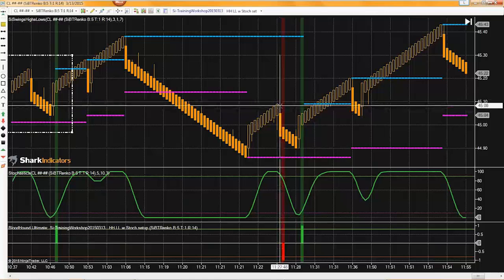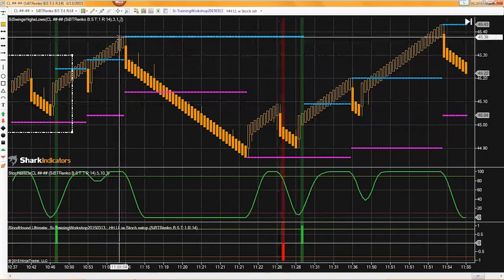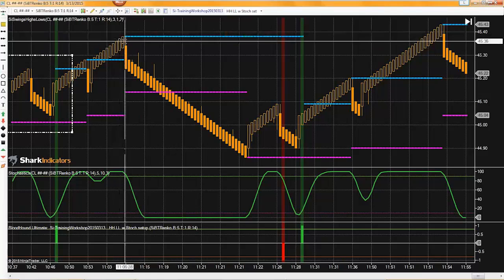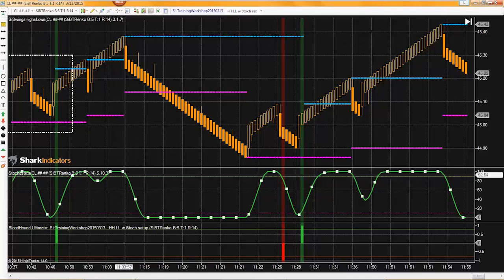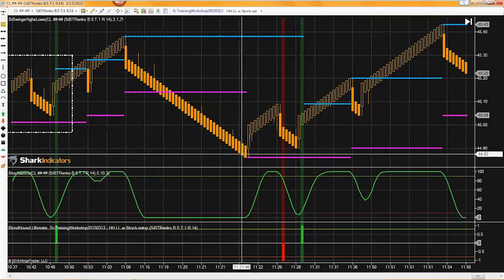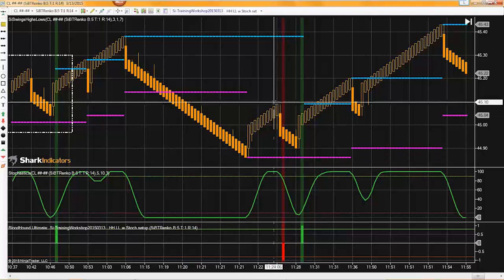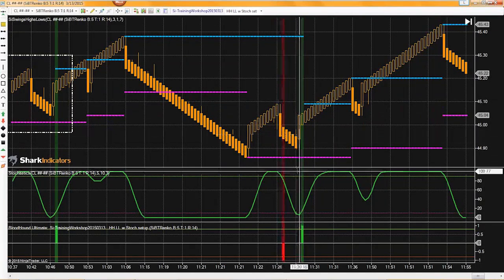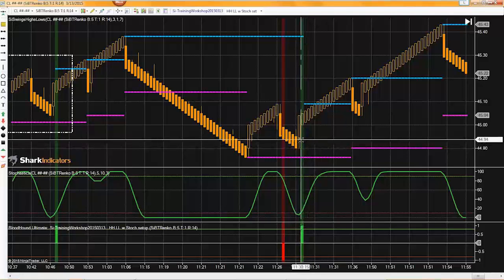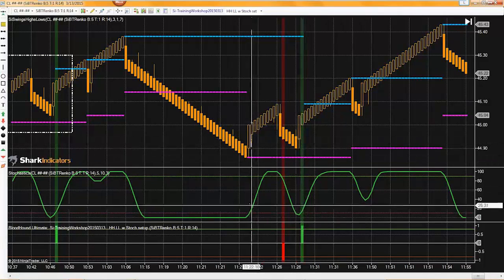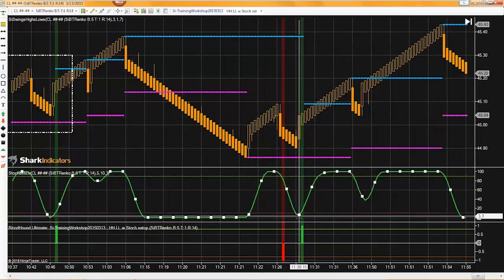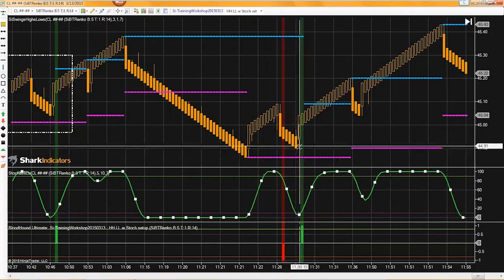All right, and let's see. Yeah, all right, so condition 1 for a short, our stochastic is good. We got condition 2, and then condition 3, a lower high for a short, and this long signal looks good. Yep, our stochastics are in the correct spots. We got a higher low.